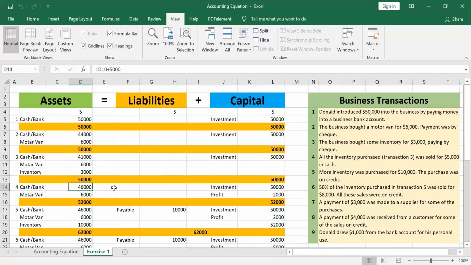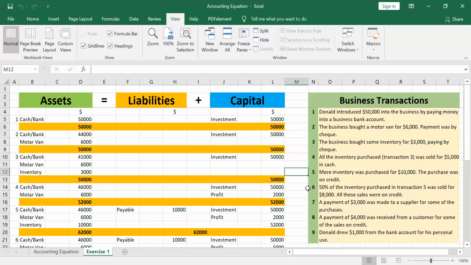And we have sold inventory of 3,000 for 5,000, making 2,000 as profit. As you know, the profit belongs to the owner, so that profit will be added to the capital. So now the capital is 52,000 and the assets are 52,000. So the equation is balanced. Again, there are no liabilities now.